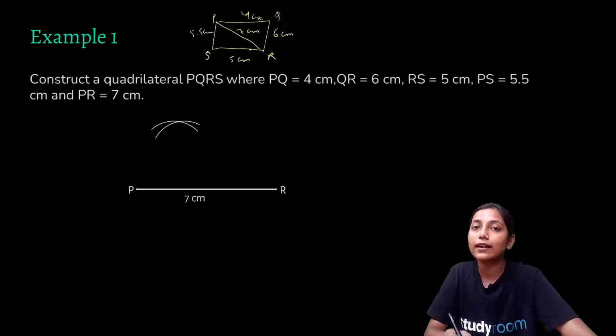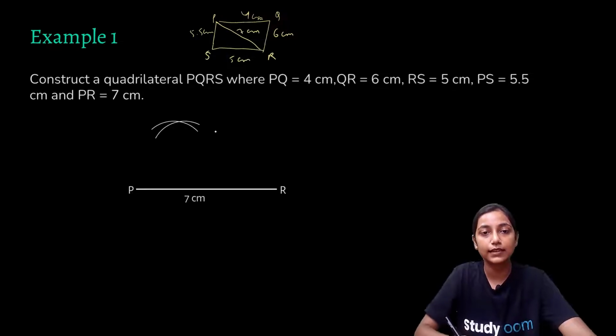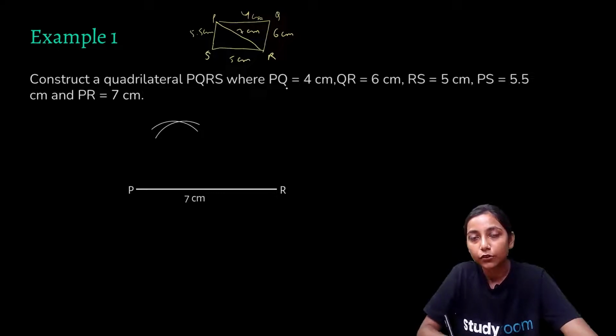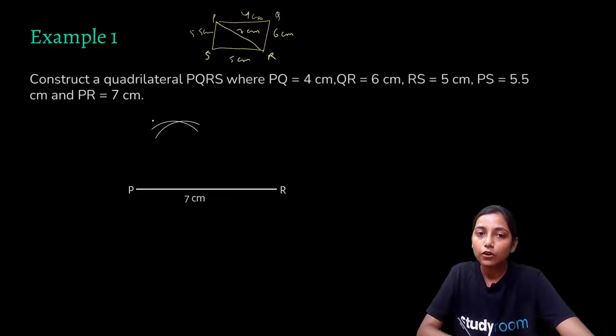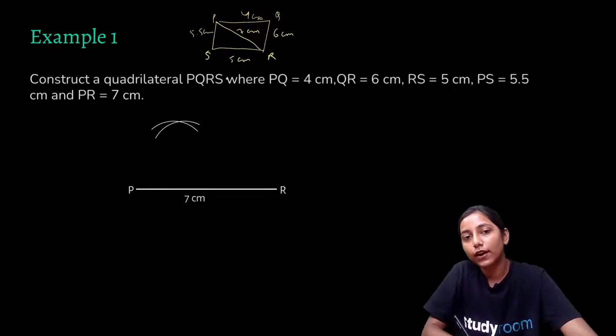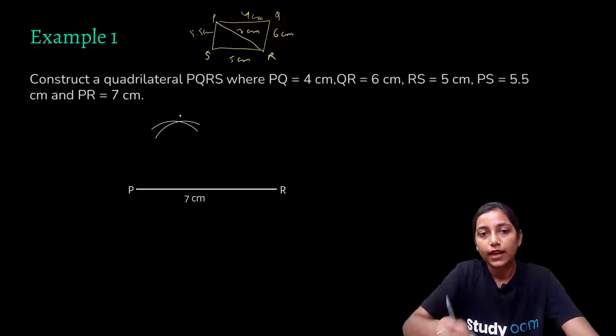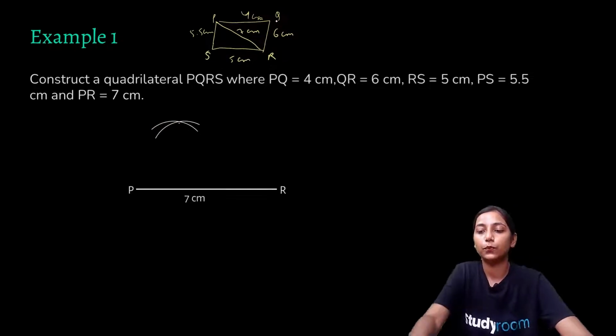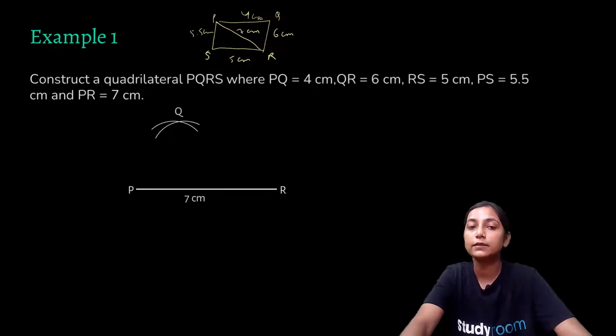Taking P as the center, draw an arc of 4 centimeters, and taking R as the center, draw an arc of 6 centimeters. The point where these two arcs intersect is the point Q. See, this point is Q.